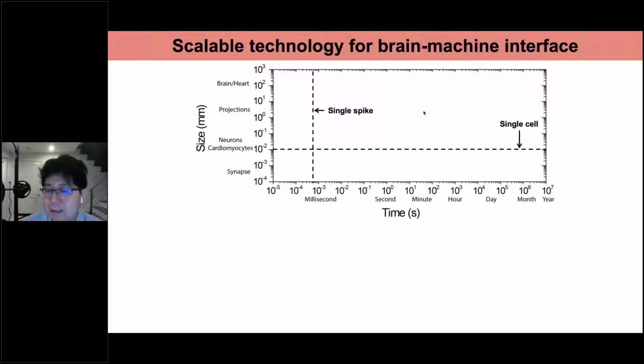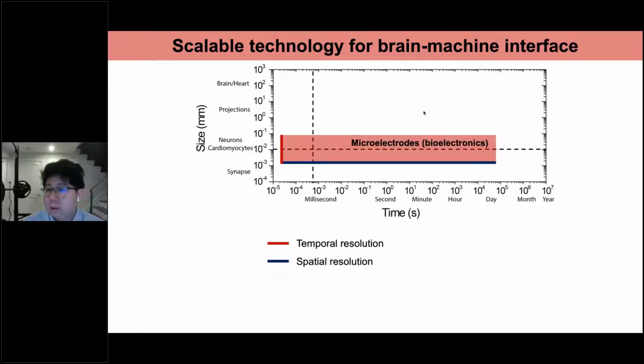This diagram basically summarizes the need for this type of scalable technology. The X axis is the temporal scale, and the Y axis is the spatial scale. These two dashed lines highlight what we call the single cell and single spike spatial temporal resolution. This is what traditional microelectronics or bioelectronics can do.